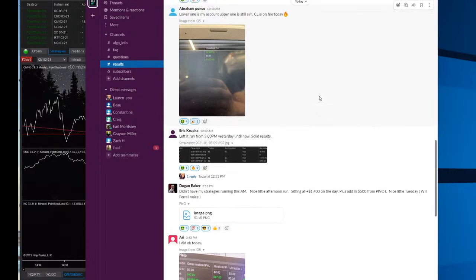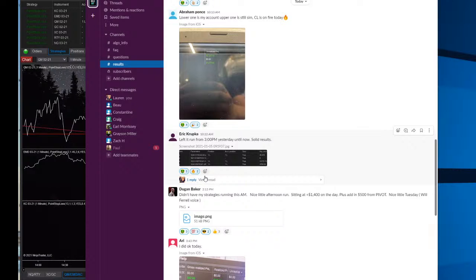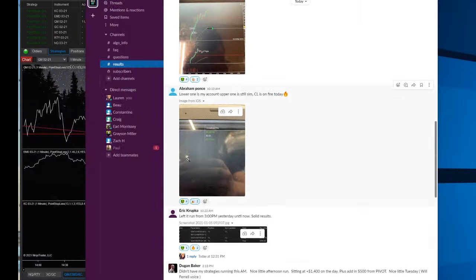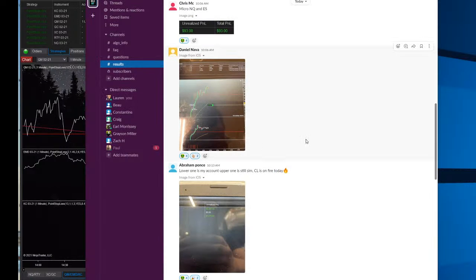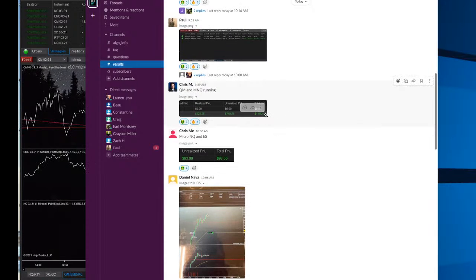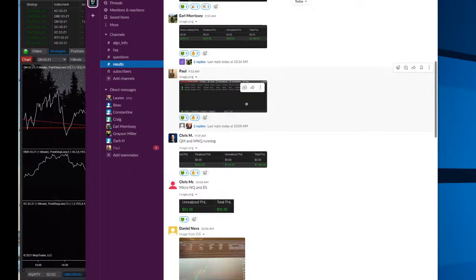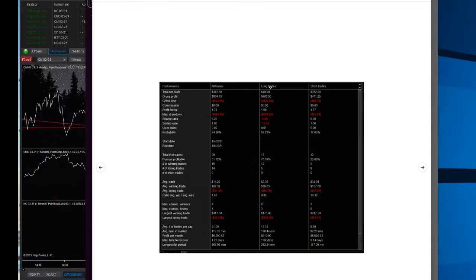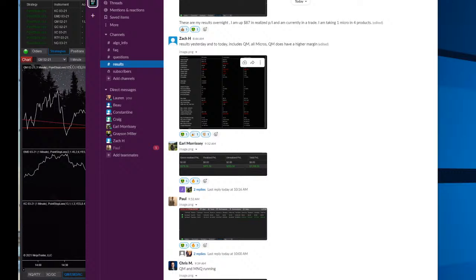Duggan made $1,400. Eric made like $500, but then he had an open trade for $500. Abram made $3,300. Daniel made a few hundred. Chris made $93. The other Chris made $1,000. Paul made a few hundred. $295 trading micros. $300. You pay for the service in one day trading micros. Earl made $1,600. Zach over 2 days trading micros made $400.